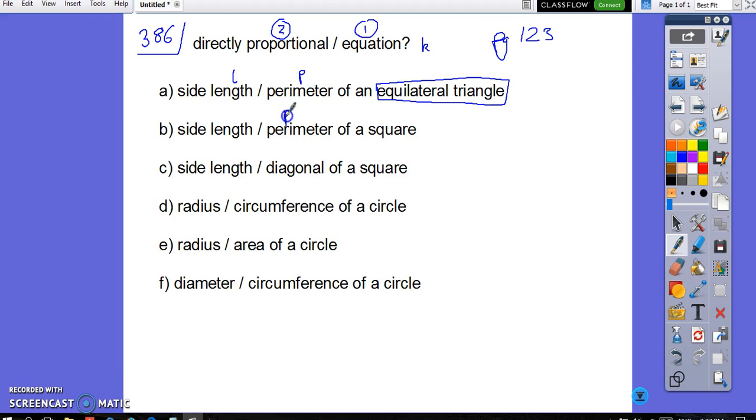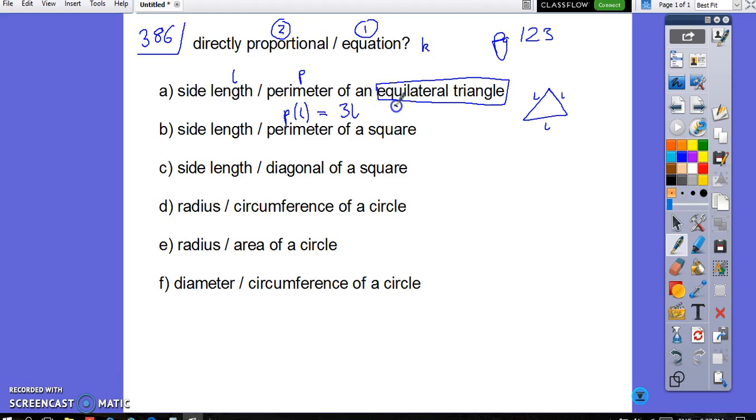Well, the perimeter depends on the length. So the length can be our independent variable, and our perimeter can be our dependent variable. And to find the perimeter of an equilateral triangle, I have a triangle with three sides the same length. That's L plus L plus L, which is 3L.